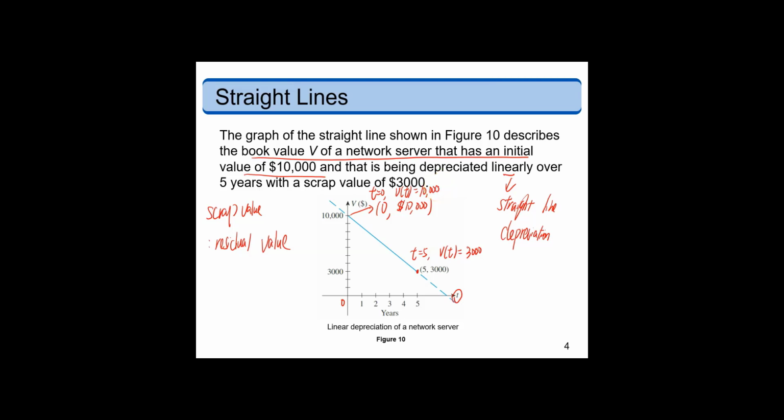After 5 years, the value goes down to $3,000. That determines the relationship between time t and the value of the machine, and it is one of the important applications of the straight line or linear equation. We're going to get into the details later on of how to calculate the equation of the straight line.